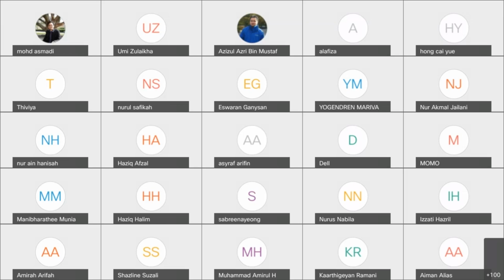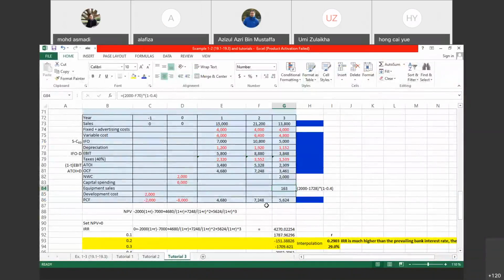If you look at the question for tutorial 3, it stated that the market value of the equipment after 3 years is 2 million. Meaning that after 3 years, they have value.